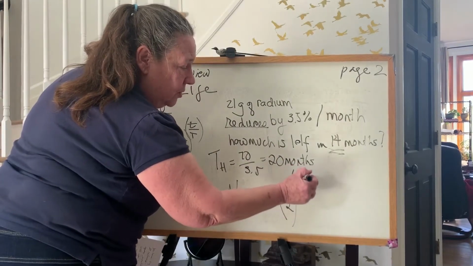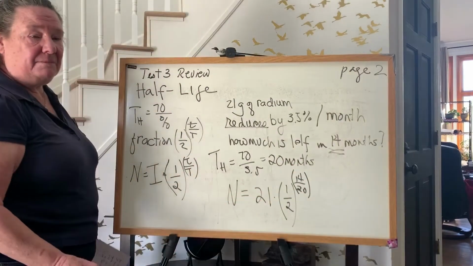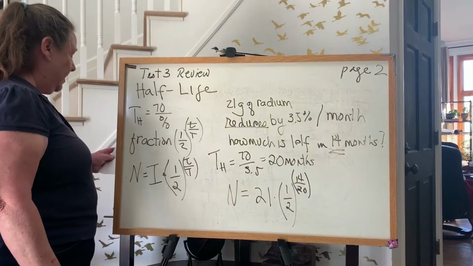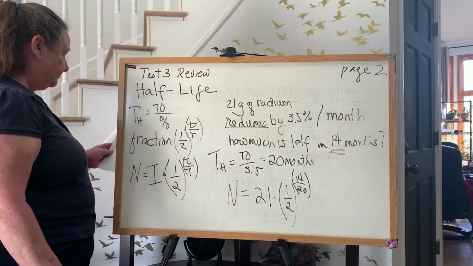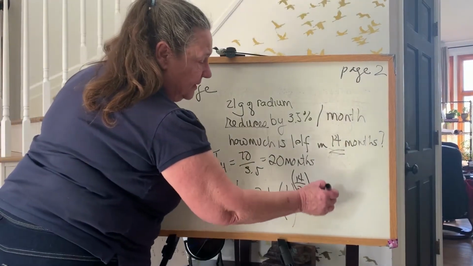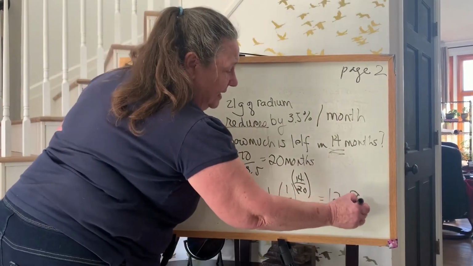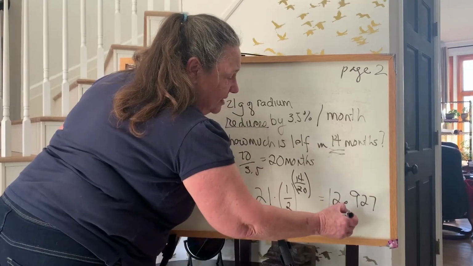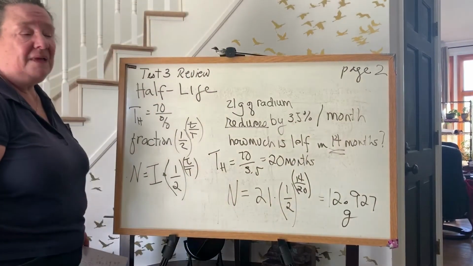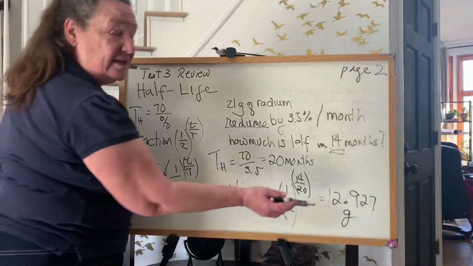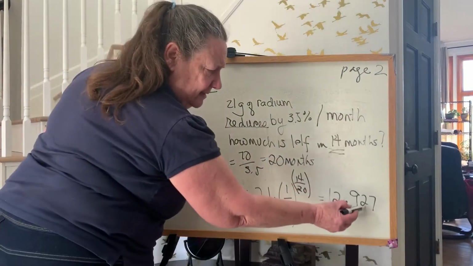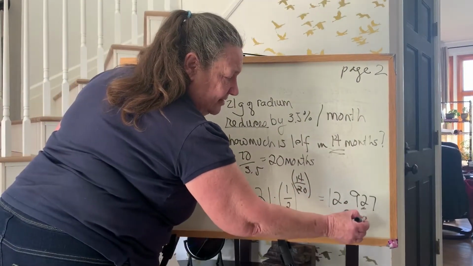And this 2 must be in parentheses. And when you plug that into your calculator, you will get 12.927 grams. Okay? Now I have asked you to round to the nearest hundredth, so that would be 12.93 grams.